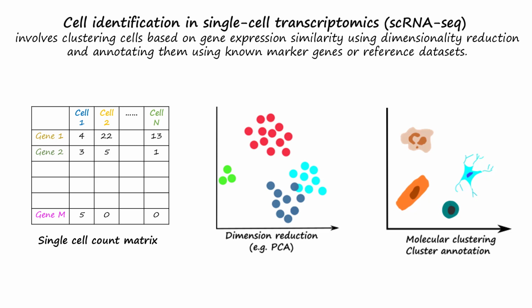Following sequencing, cells are computationally grouped based on similarities in their gene expression profiles, typically using dimensionality reduction and clustering approaches. These clusters are then annotated using known marker genes or reference datasets, enabling the identification of cell types, cellular states, developmental trajectories, and transcript isoforms arising from alternative splicing.